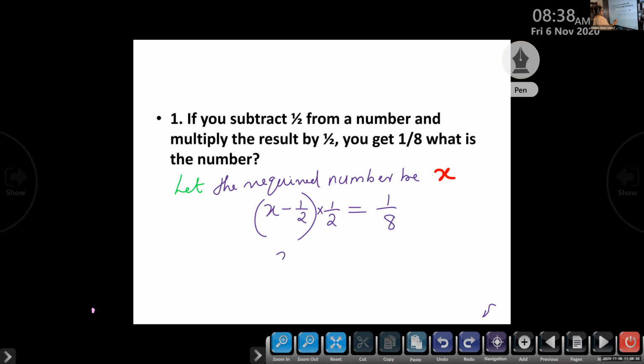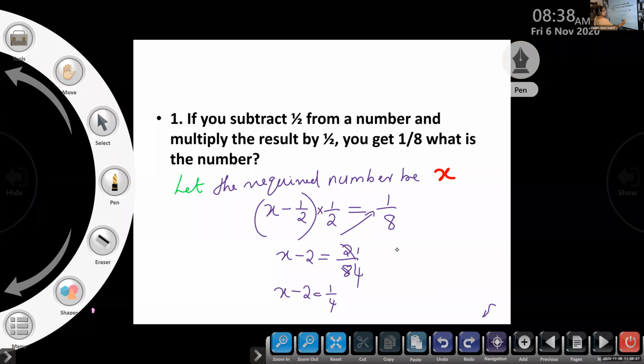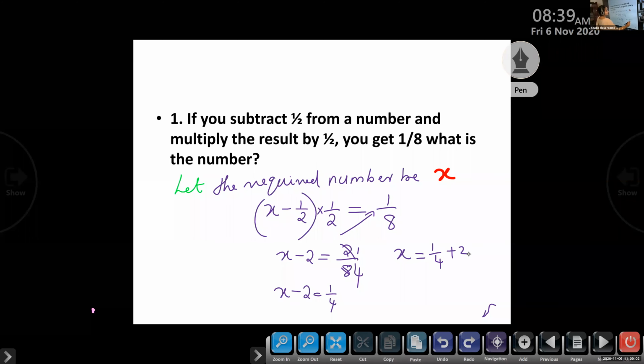So let it be x minus 2. Sorry, it is not that. It is x minus 1 by 2 equal to 2 by 8.